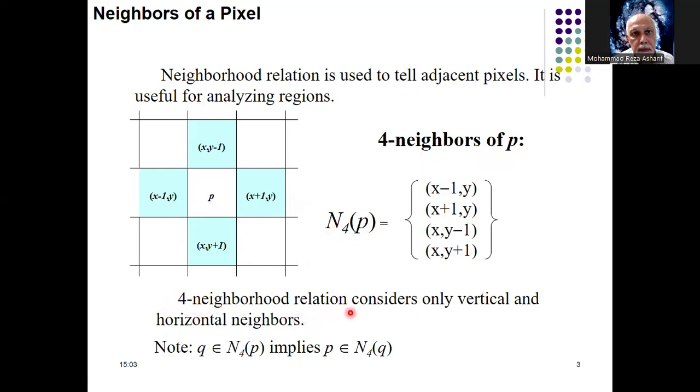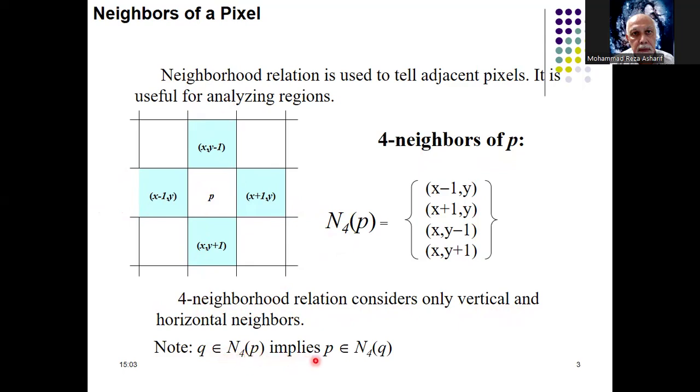The four-neighbor relation considers only vertical and horizontal neighbors. So if, for instance, P is included in N4(Q), this implies that Q is also included in N4(P).